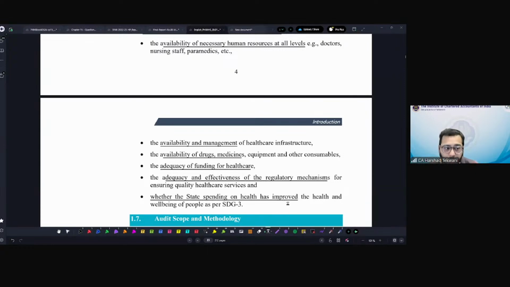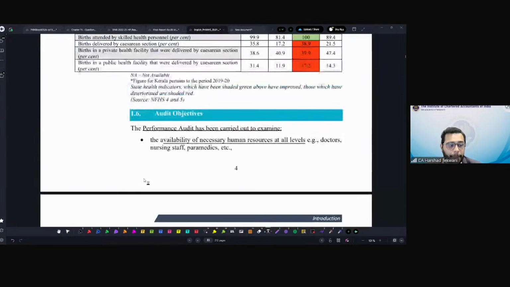Okay, so there are 3 things which are looked into in this particular audit. Number 1, availability of the resources.